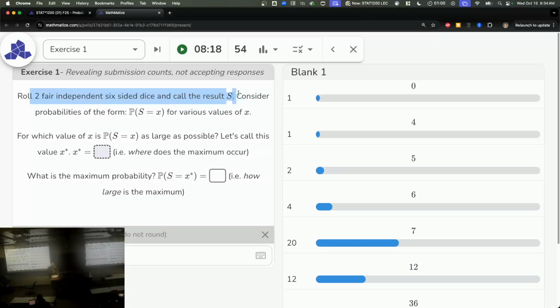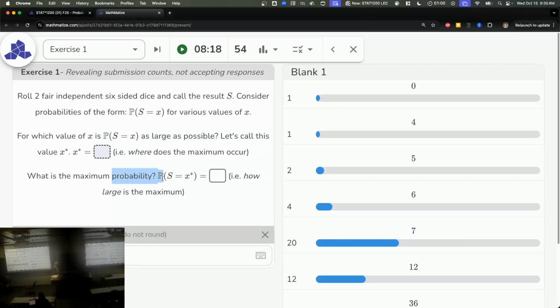So if I asked you what is the maximum value of S, then a reasonable answer is 12. But I'm not asking you what is the maximum value of S. I'm asking you for which value of x is the probability S equals x as large as possible. In other words, I'm asking for the maximum not of S, but of the function that depends on x, the probability S equals x. And that one does have a maximum at 7.